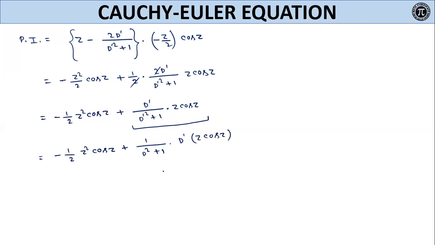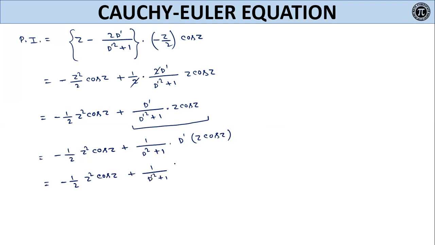Yes or no? Clear? D' of z cos z, D' means derivative of z cos z. So this is equals to minus half z square cos of z plus 1 by D'^2+1.